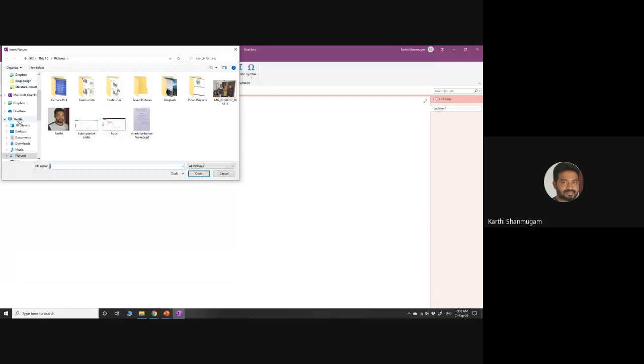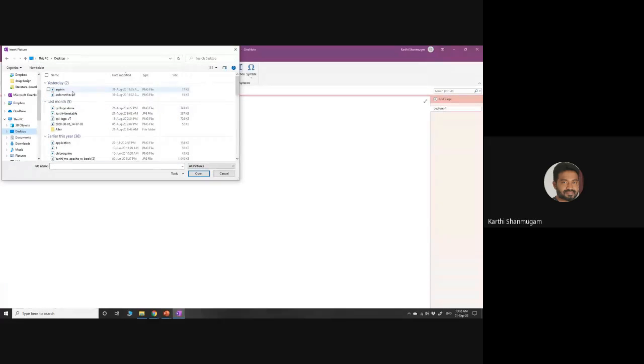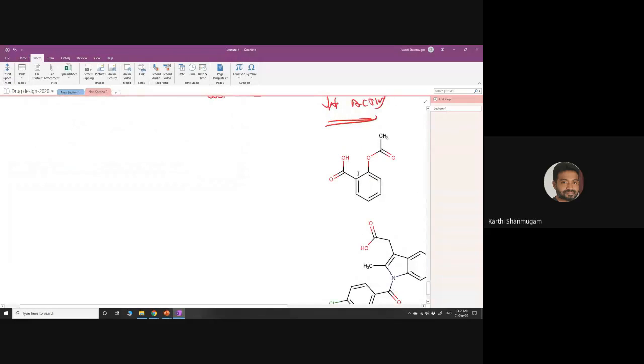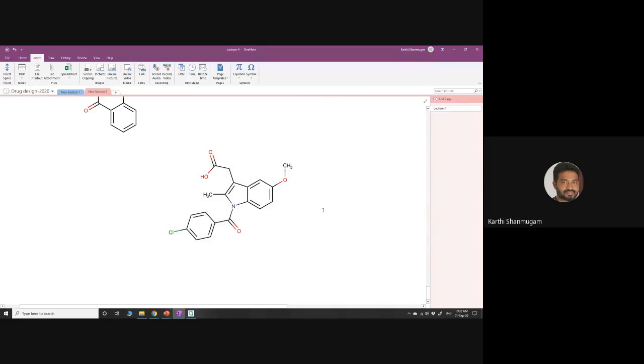Okay, desktop, and aspirin. We have two structures. We'll take that. Is the structure visible for you? Yes, sir. Okay, say for example, this is a drug molecule. We'll take this as an example, so it will be simple for me to make it understood. Is the structure clearly visible?